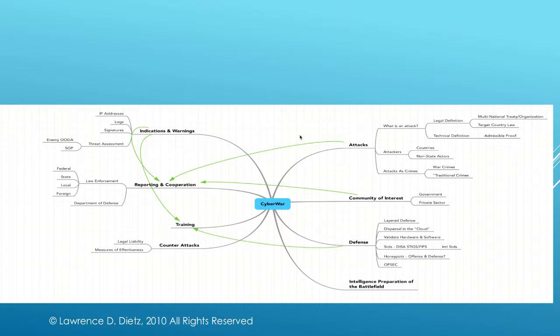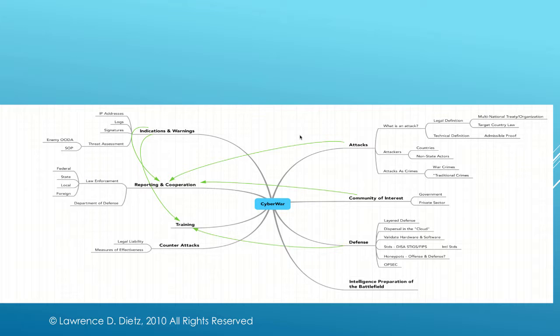So this week we've looked at the different perspectives on the intelligence cycle. We've integrated multiple sources, and we've looked at the multidimensional nature of cyberspace operations.